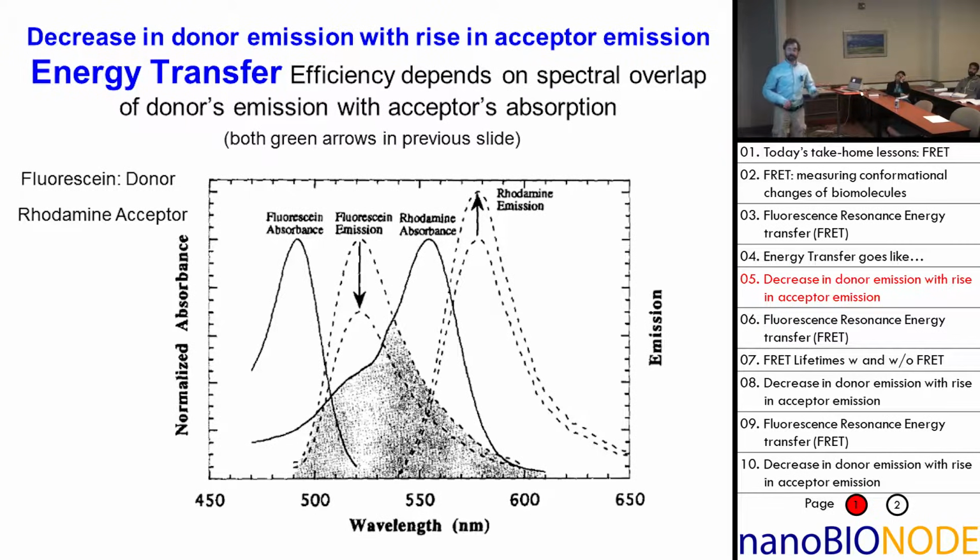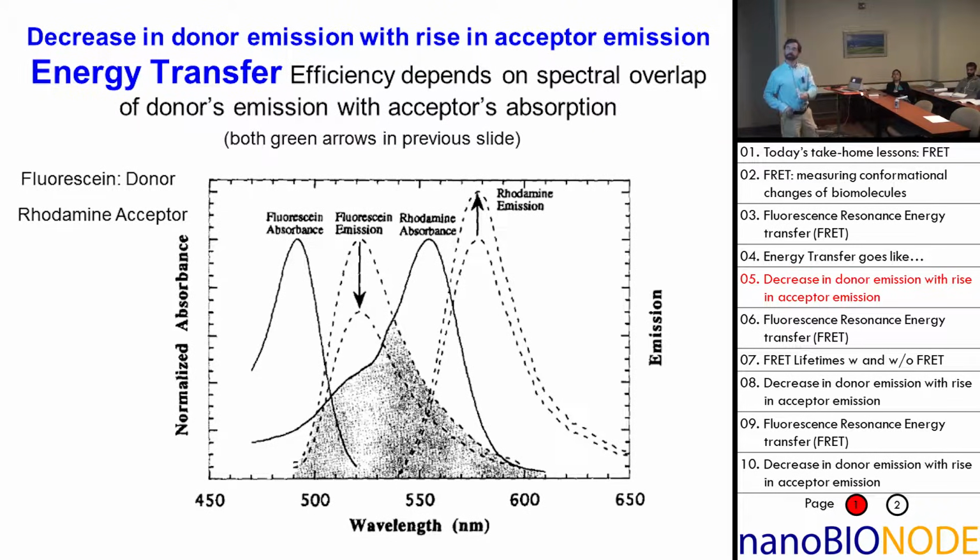So actually, what it will really count is the overlap between the donor emission and the acceptor absorption. The bigger that number is, the more efficient it is, the higher R naught it should be. Because if R naught is bigger, it can transfer energy even if things are fairly far apart.